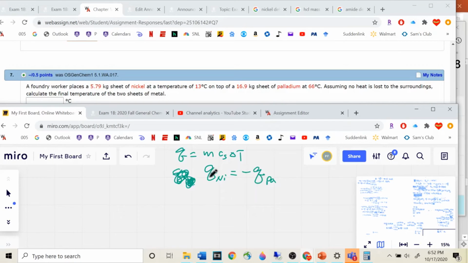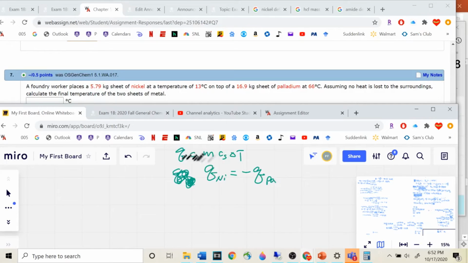For nickel, that's endothermic because of the received heat. And for palladium, that's exothermic. That's why I have this negative sign for the heat given off by palladium.